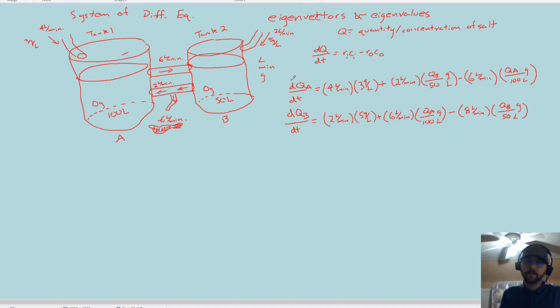To actually solve the problem, which I will attempt to do and hope that I get correct this time, I'm going to drop all of the units now, so let me rewrite this.